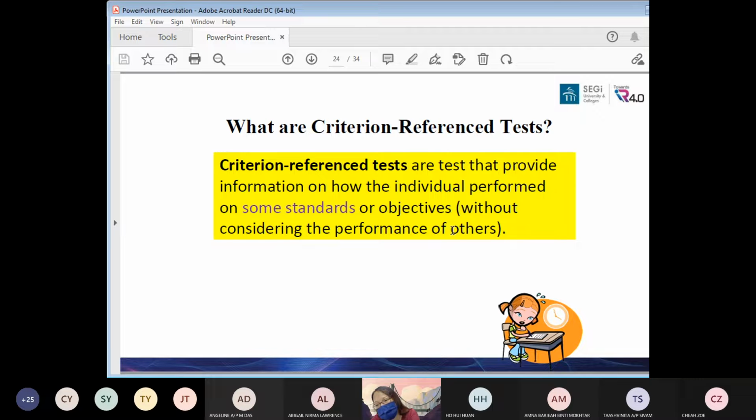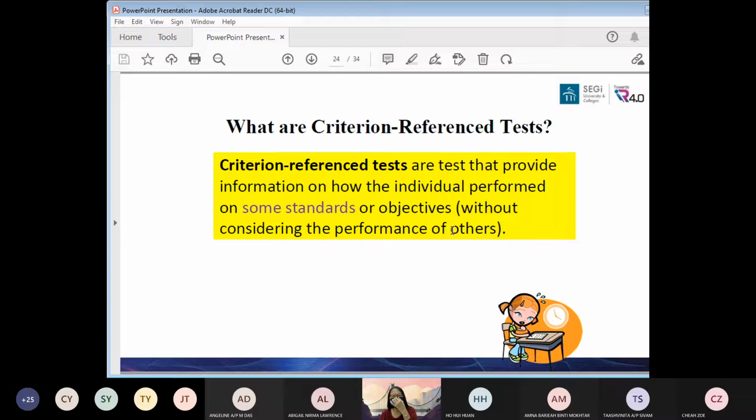So now we come to criterion reference tests. Criterion reference tests are tests that provide information on how individuals perform on some standards, without considering the performance of other people. A criterion test is just within you yourself being graded using criteria, just like what you are doing now.